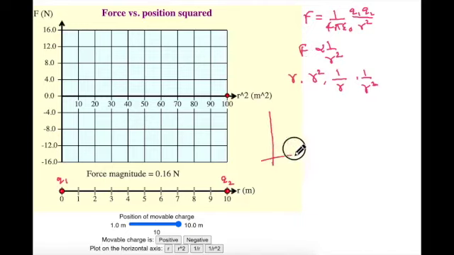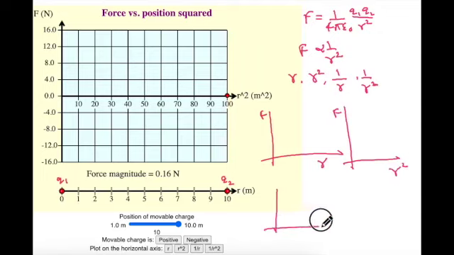One is F versus R. Now the other graph, which is F versus R square. Now the third one, which is F versus 1 by R, and the last one, F versus 1 by R square.